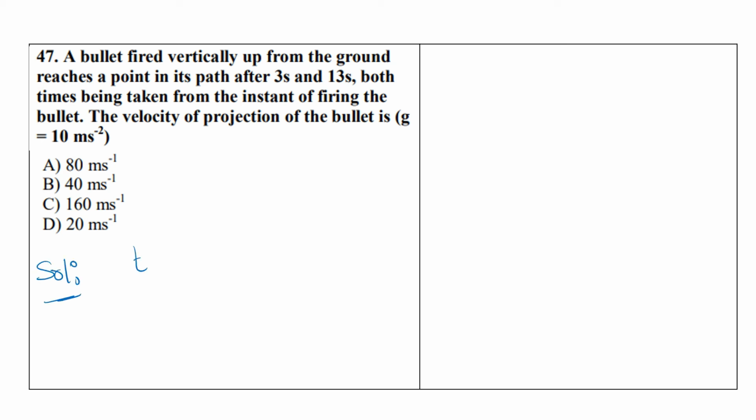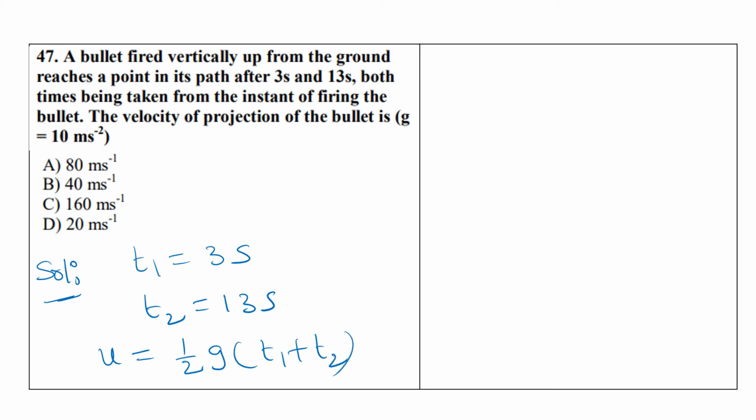Here the given t1 is equal to 3 seconds and t2 is equal to 13 seconds. Velocity of the projection of the bullet u is equal to half g of t1 plus t2. So substituting t1, t2 values in this, we get 1 by 2 into g 10 into t1 plus t2, t1 is equal to 3 seconds and t2 is equal to 13.